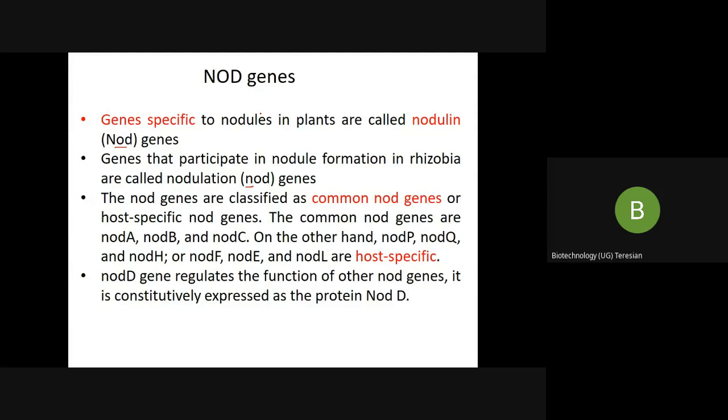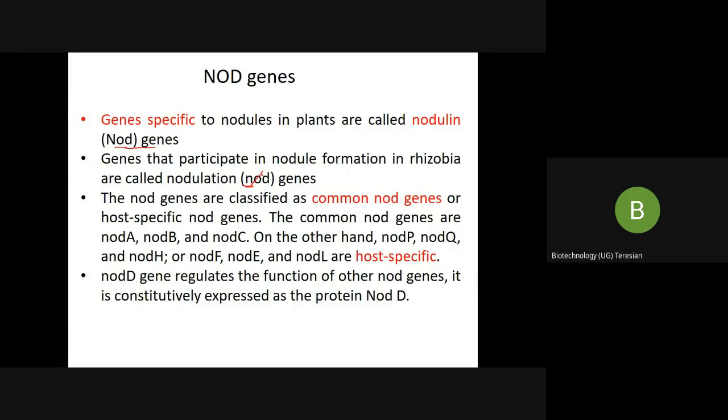So the genes that participate in nodule formation in rhizobium are called nodulation genes. That is, in the rhizobium, in your microorganism also, there are genes involved in nodule formation. Those are represented in this form, with a small n.